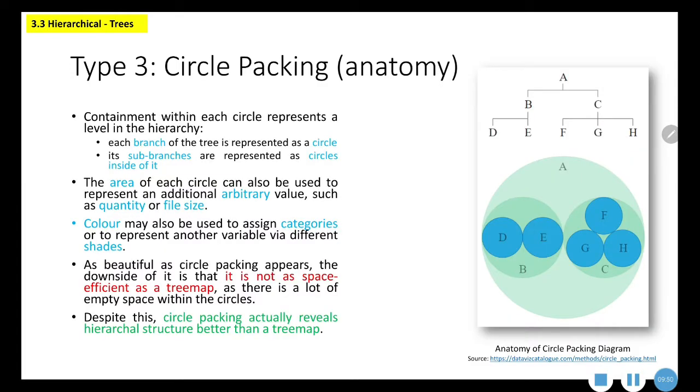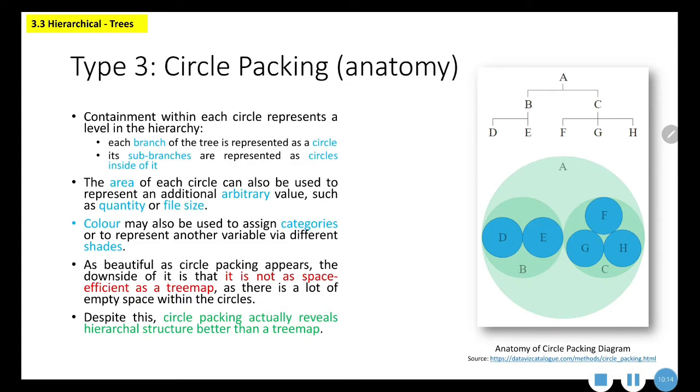So now we come to the circle packing anatomy. The containment within each circle represents a level in the hierarchy. So each branch of the tree is represented as a circle, and then its sub-branches are represented as circles inside of it.